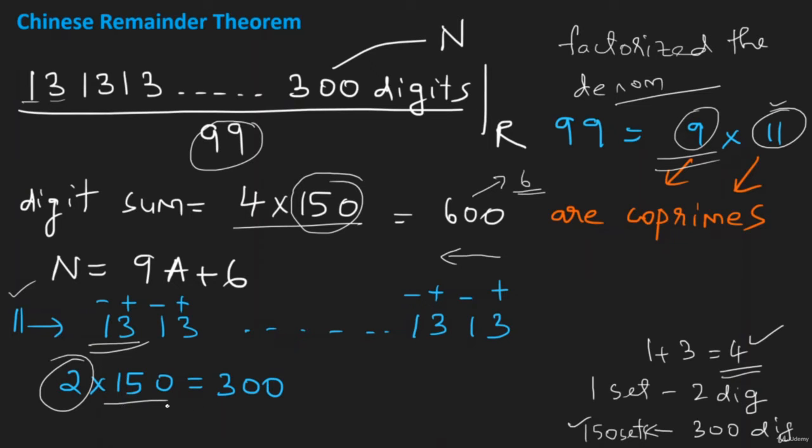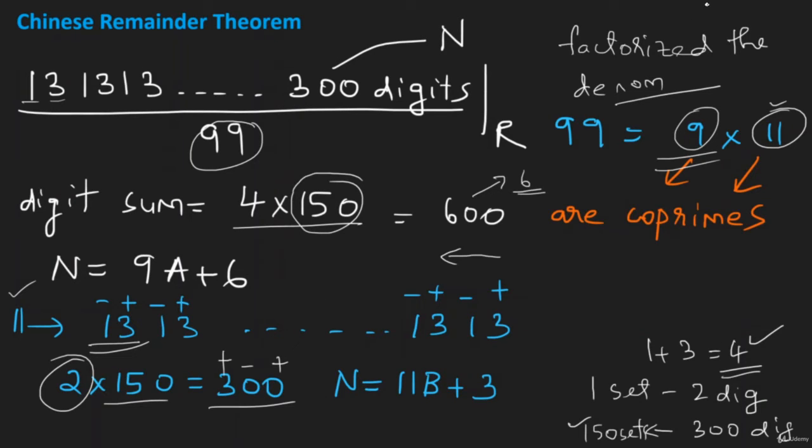So 2 into 150 gives you 300. Now over here you can see that when you divide 300 by 11, you will get a remainder of 3, right? You can also try it like this. You give a plus over here, a minus over here, and a plus over here. So that's 3 minus 0, and that's equal to 3. Therefore n can be written as 11b plus 3.